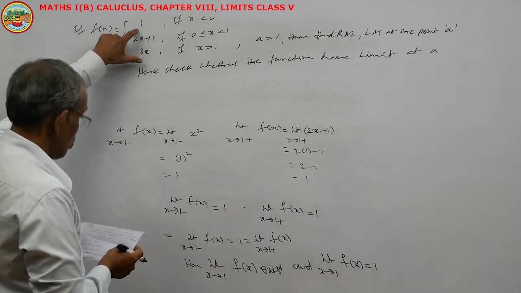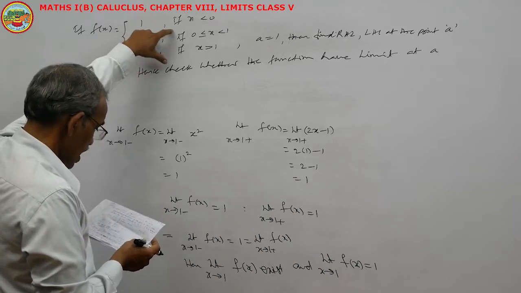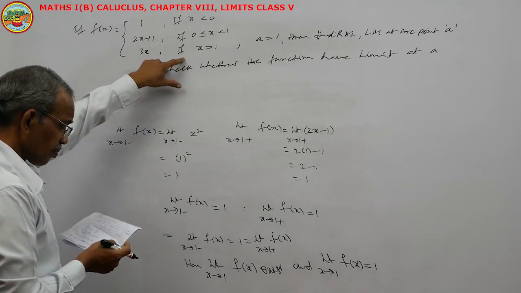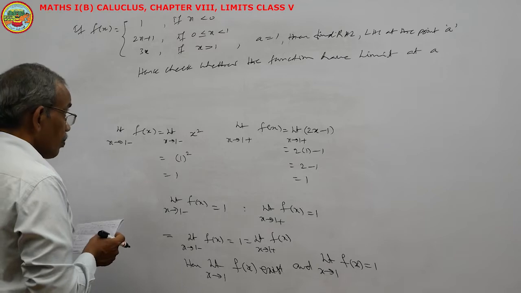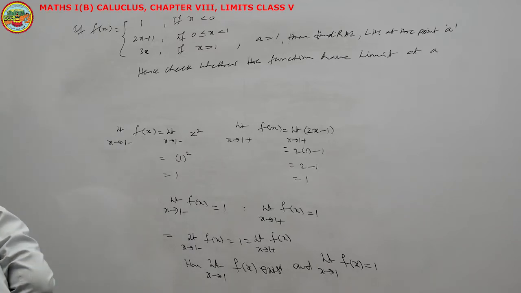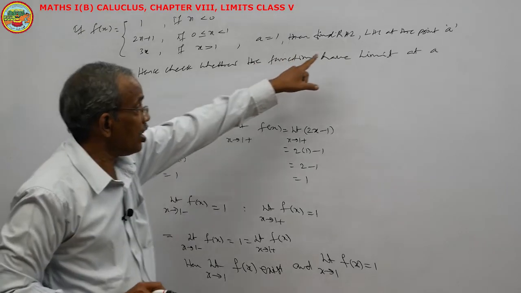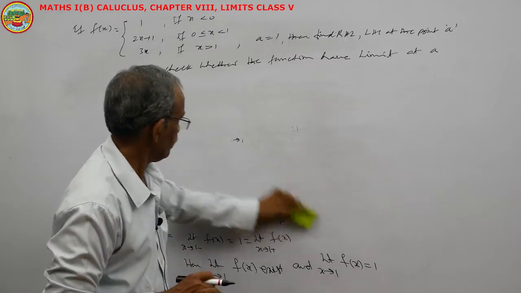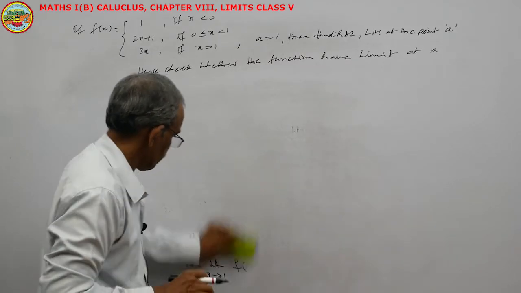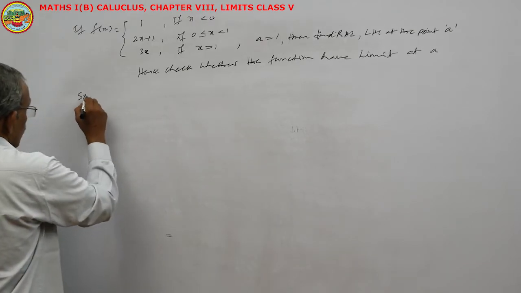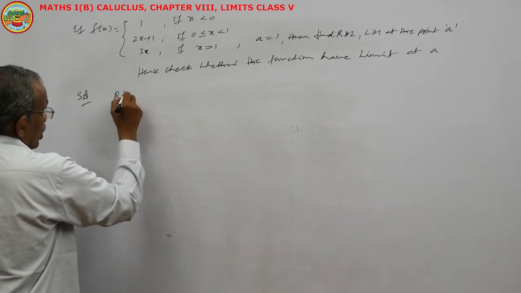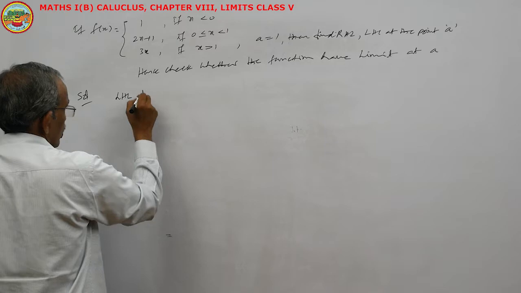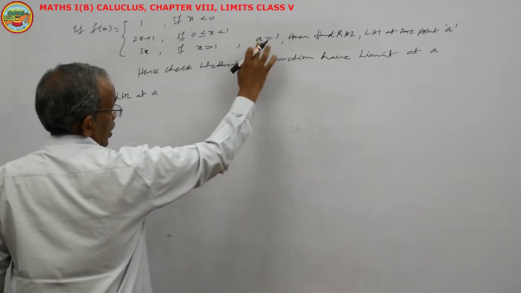Given that f of x is equal to 1, 2x plus 1 and 3x, for x less than 0, 0 less than or equal to x less than 1, and x greater than 1. First we have to find the right hand limit at A. First let us take the left hand limit at A. A means A is equal to 1.